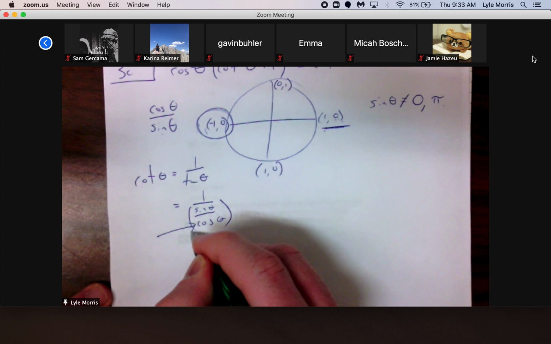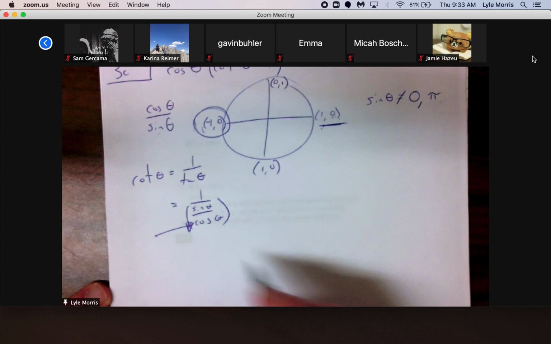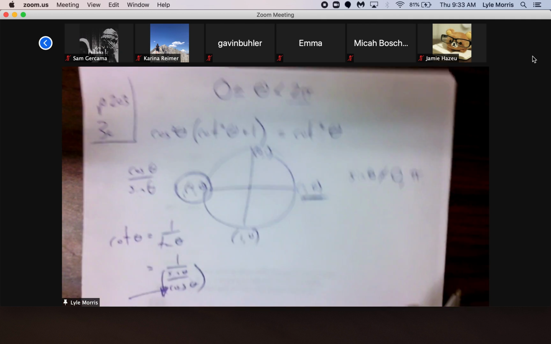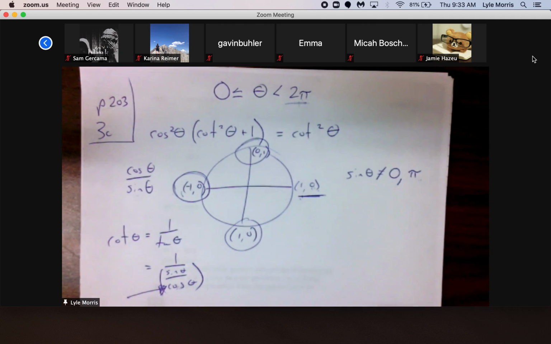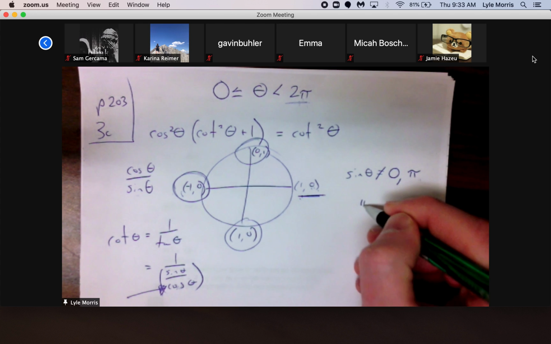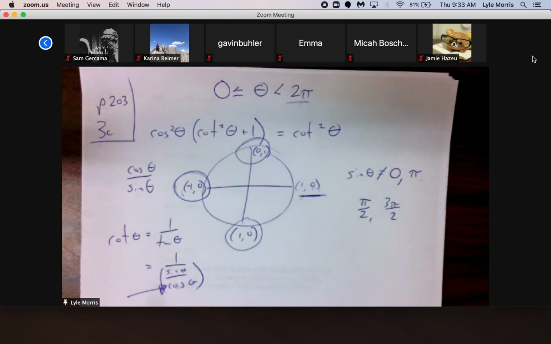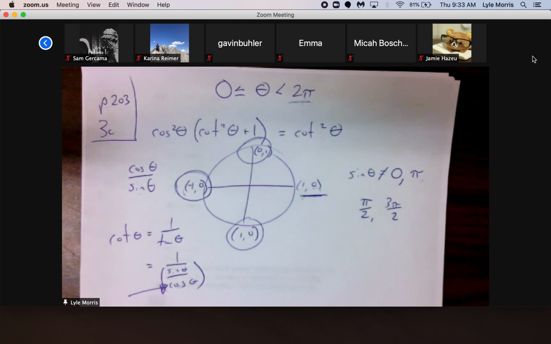Yep, thank you for pointing that out. Anywhere you have anything in a denominator, so you can't have it up here or here either. Thank you, Matthew. Pi over 2, 3 pi over 2. See, this is what happens when you rush. Slow down. Who can I blame? Thank you for that. Anybody have other questions or other places they want to point out my poor teaching?